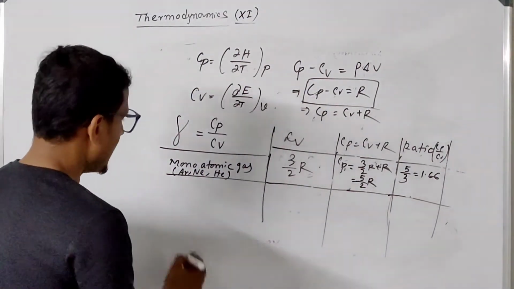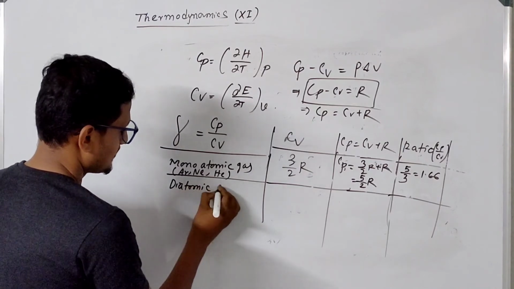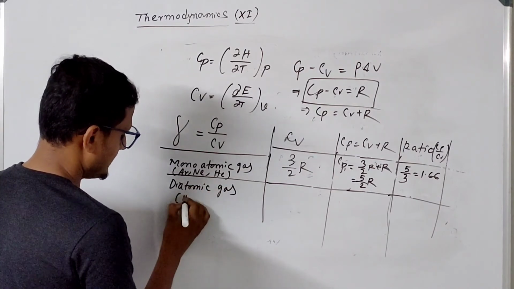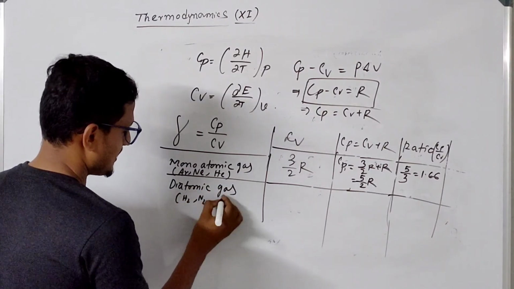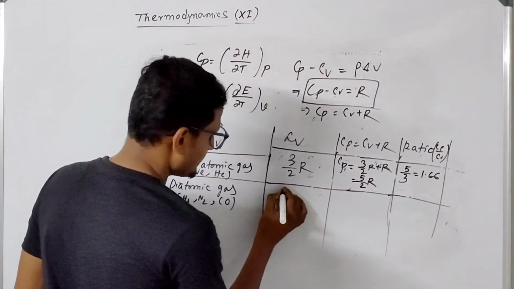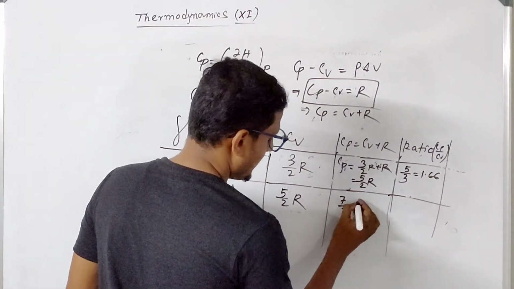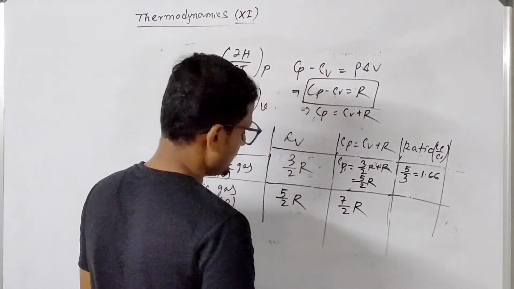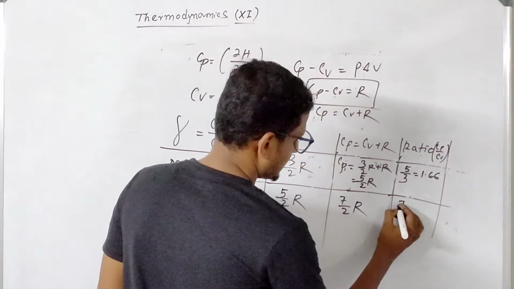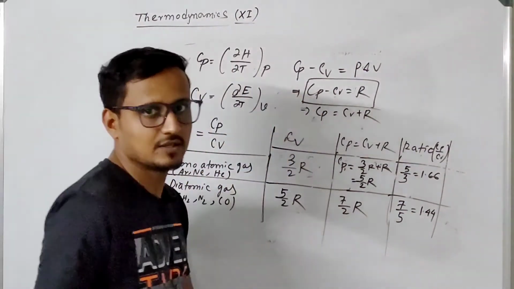For diatomic gases like hydrogen, nitrogen, carbon monoxide, Cv is 5/2 R, Cp is 7/2 R, and the ratio is 7/5, which is 1.4.